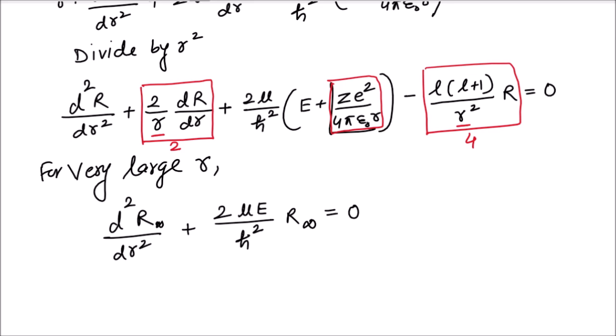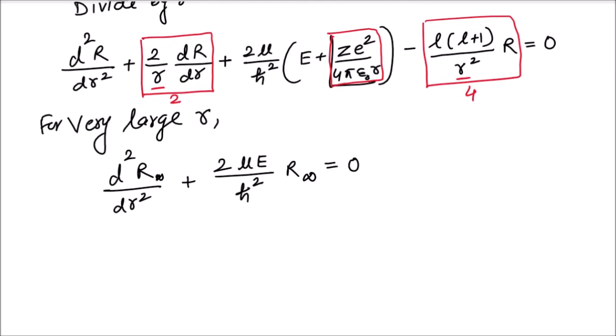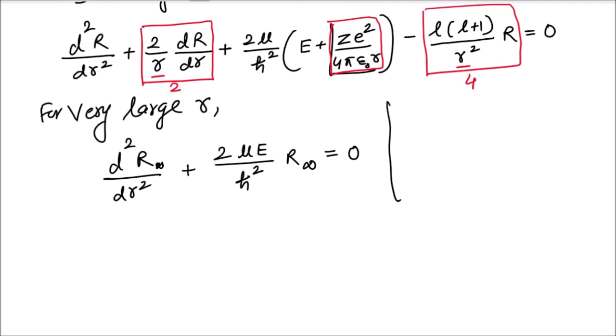Right? Now again this equation is just like that one, d square phi upon d phi square plus m square phi.